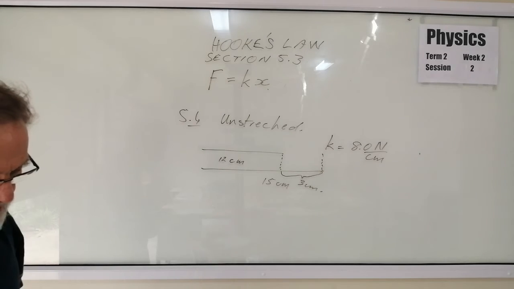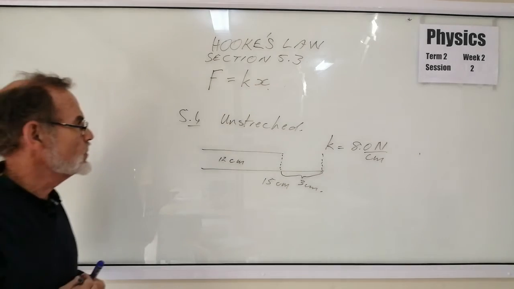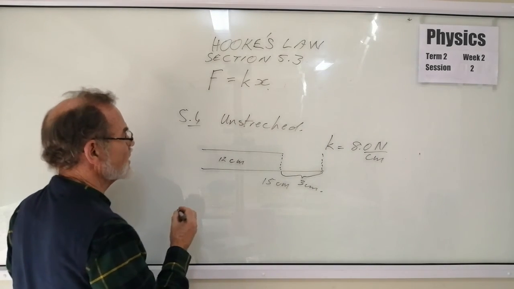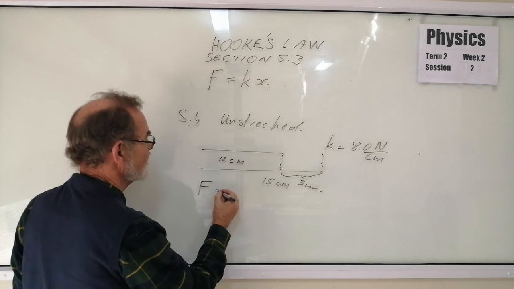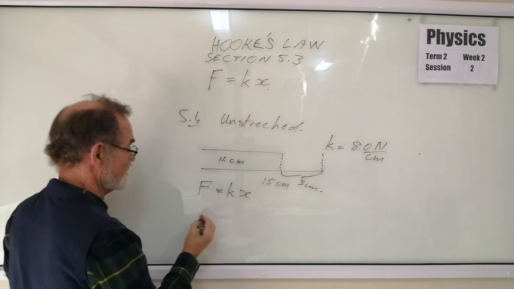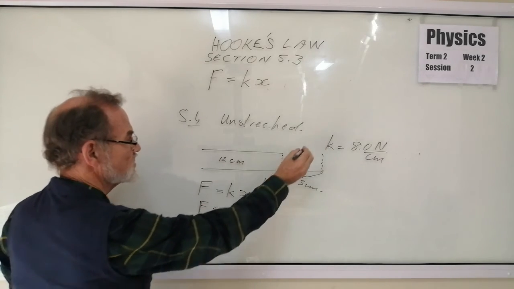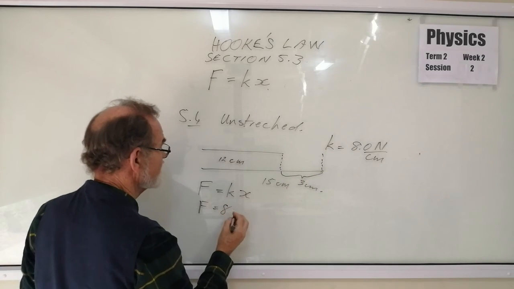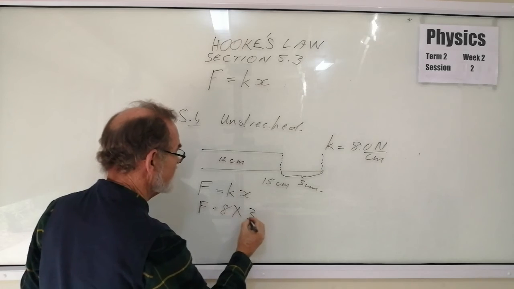So we can now just substitute that into the equation if we want to. So we want to know what load, there's our load, the force. That's it. The load is equal to the spring constant, which is 8, multiplied by the extension, which is 3.